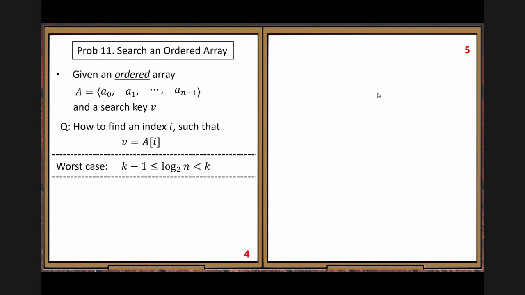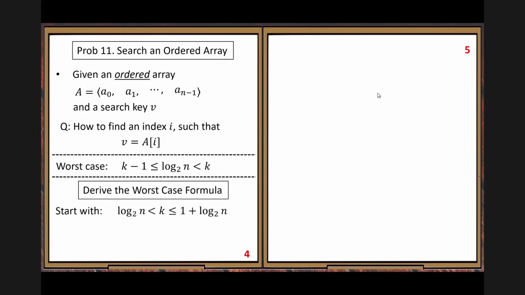All right. Derive the worst case formula. Start with our starting point. So let us convert this inequality in this way.